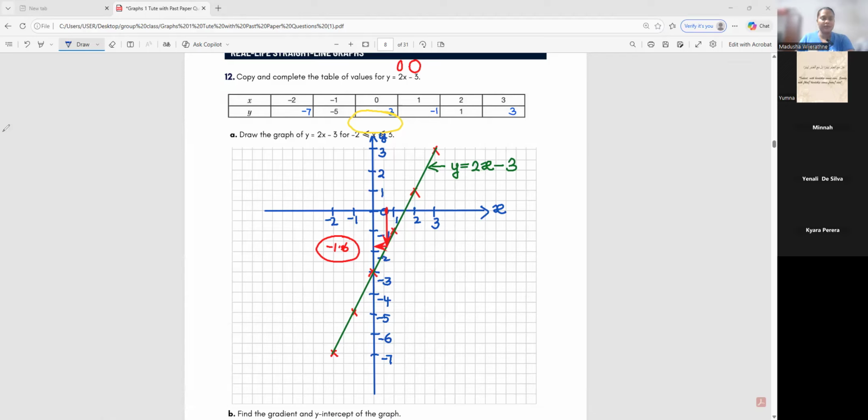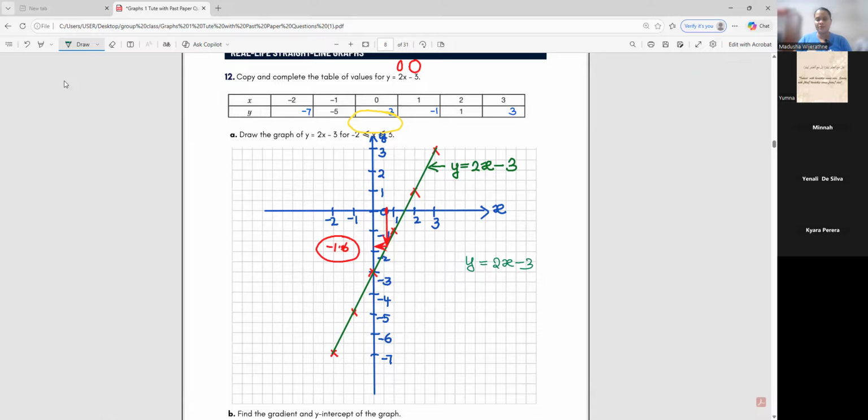If we want the exact value, we can use the equation and find it. y equals 2x minus 3.